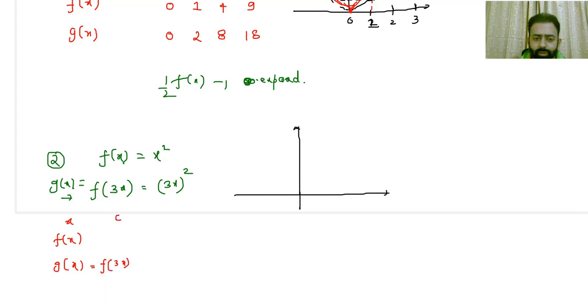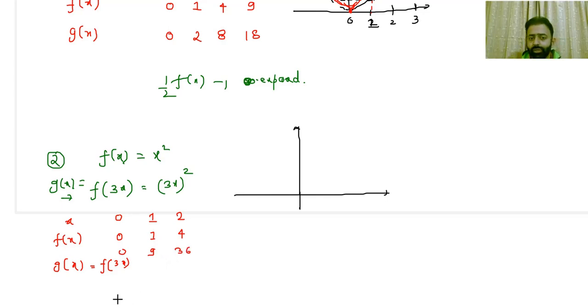So at x equal to 0, the value of f(x) was 0, and f of 3x will be 0. At x equal to 1, f(x) is 1, but this time g(x) will be 9. At x equal to 2, it would be 4, but this will be 3 into 2, 6, so it will be 36.